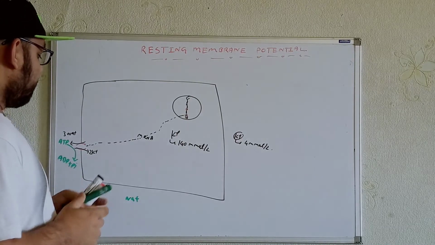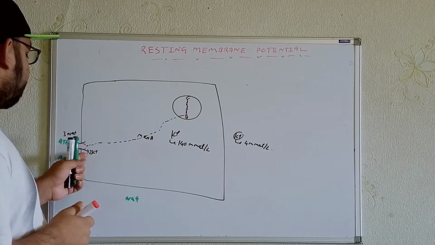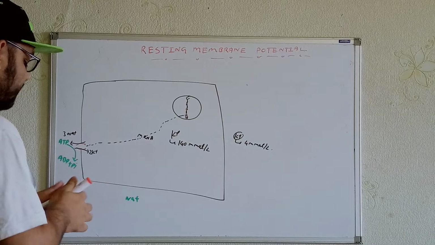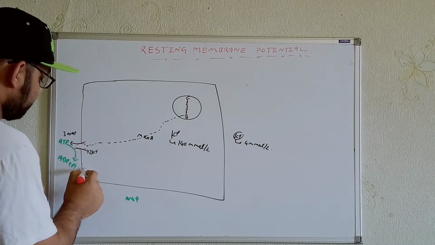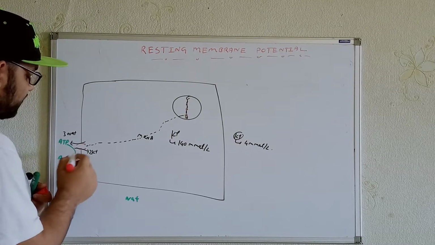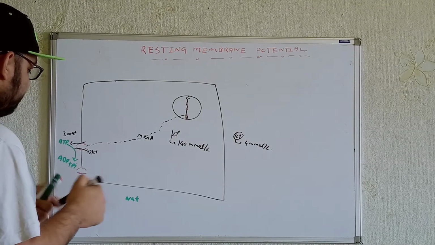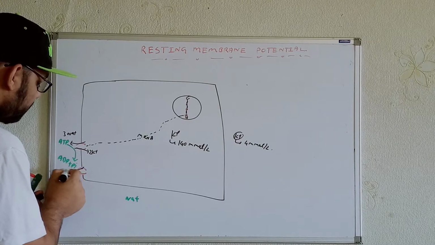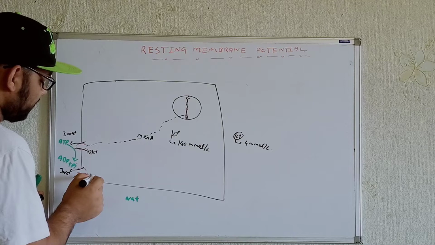Now see, whenever the sodium is going out and the potassium is taken within the cell, this type of pump is the sodium potassium ATPase, where the sodium will be thrown out and the potassium will be taken within the cell.